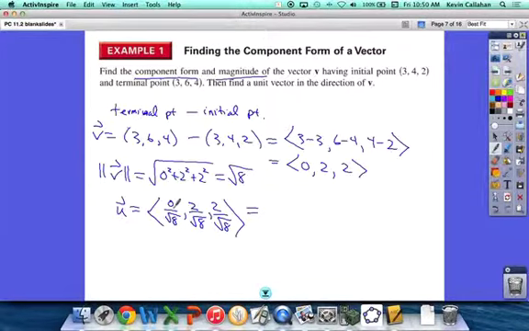The 0 over the square root of 8 is 0. Actually, the square root of 8 is 2 times the square root of 2. So that would be 1 over root 2, 1 over root 2. And I guess you could rationalize those too. I mean, these are all pretty much the same processes that we already used in 2 dimensions.